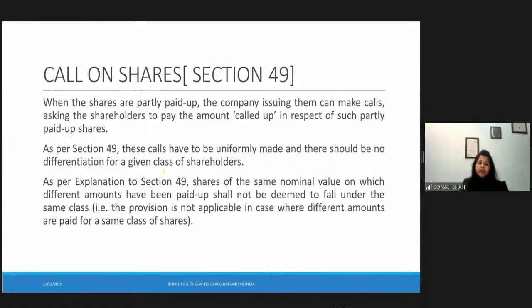So what's happening here? There is a variation in the shareholders' right, the right to dividend. So in this case, we will need the consent of 3/4 of the people holding that class of share. Is that clear, Janki?